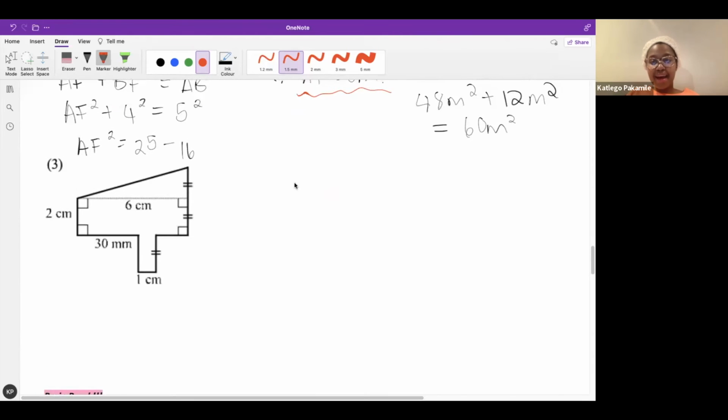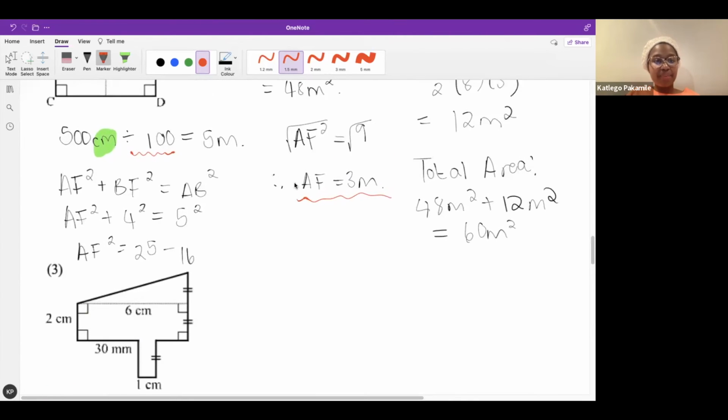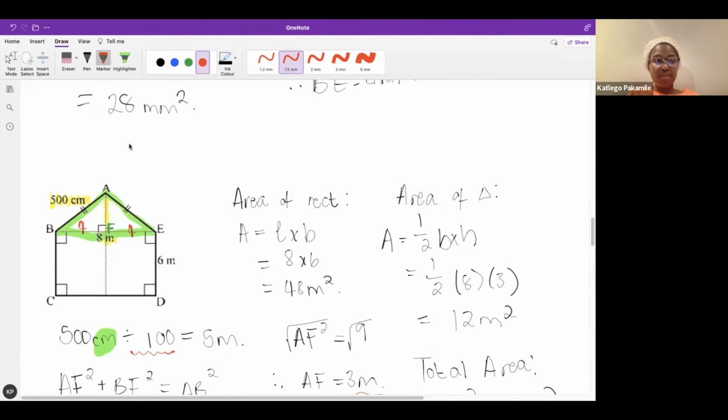Sanele, remember, we did Pythagoras on the small triangle. I'm going to draw this on the side. Pythagoras, this whole side was 8. But we needed to do Pythagoras on this small triangle. So we only used 4 because it's half of 8.